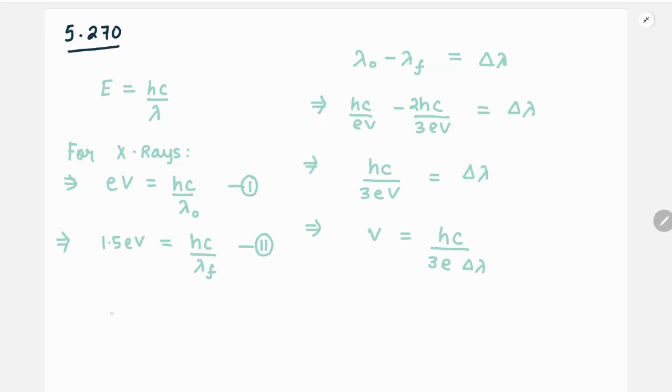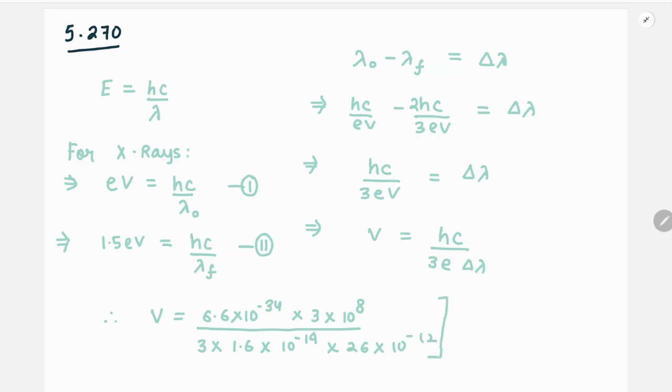So if we substitute the values, we can say V is equal to 6.6 times 10 to the power minus 34 times 3 into 10 to the power 8, divided by 3e. Electronic charge is 1.6 times 10 to the power minus 19, and the value is given to us in picometer. So 26 picometer can be written as 26 times 10 to the power minus 12.